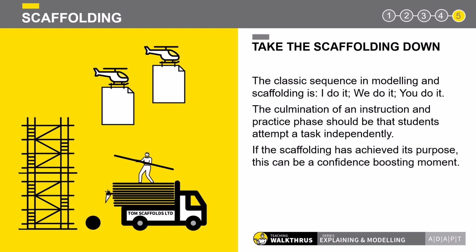And the walkthrough provides a useful model for doing this. We have looked at I do, we do, you do in detail before. This provides an effective structure for removing scaffolding over an individual learning sequence. In the rest of the session, we'll consider how to apply the same principle across a series of lessons.